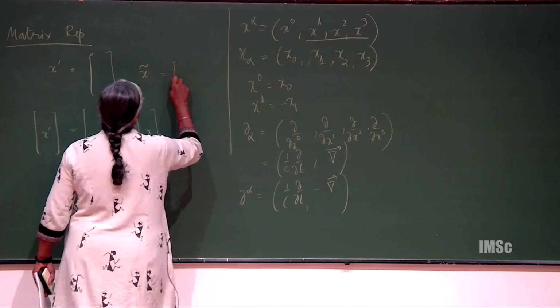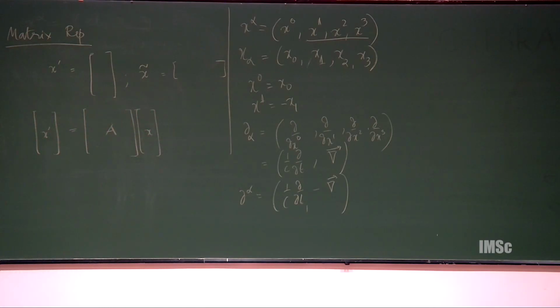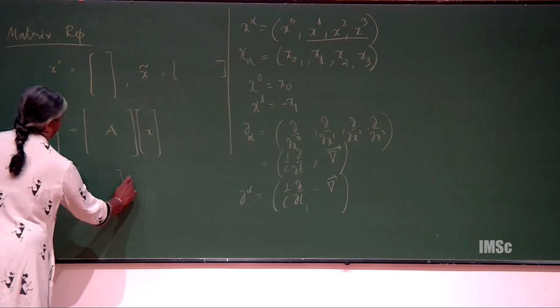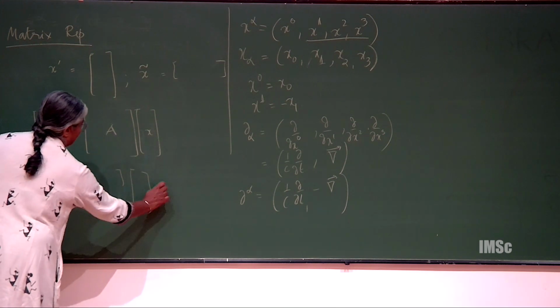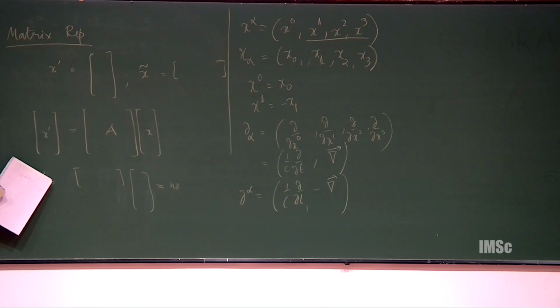X transpose will be a row vector. So I can now do matrix multiplication, right? So what do I mean by x alpha, x alpha? When I say x alpha, x alpha, I mean a row times a column, which is simply a number, right? So how do I convert the column into a row? By multiplying by g alpha beta, right?